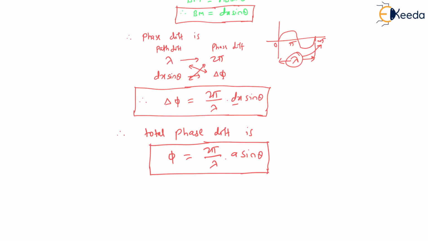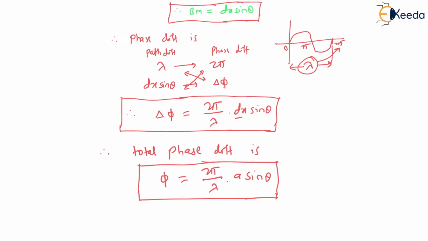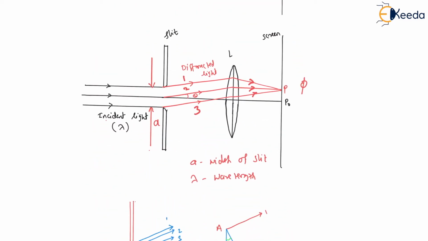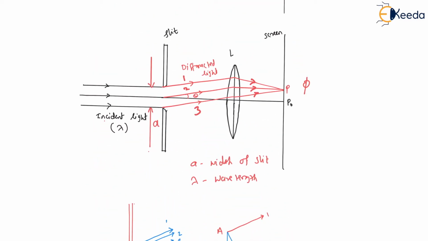So this is the phase difference between the light rays which are coming at point P. Now see what all these light rays do at this particular point P. All these lights coming from the lens will produce a disturbance at this point P, and then we have to find out the resultant amplitude of all these lights which are coming at point P.